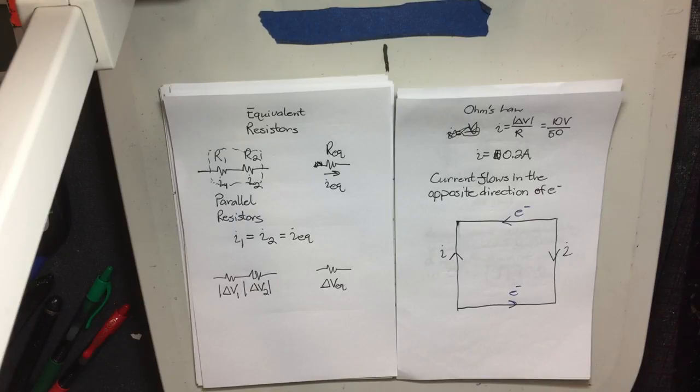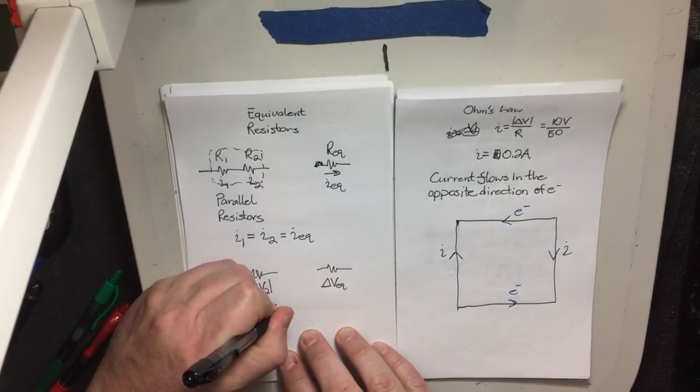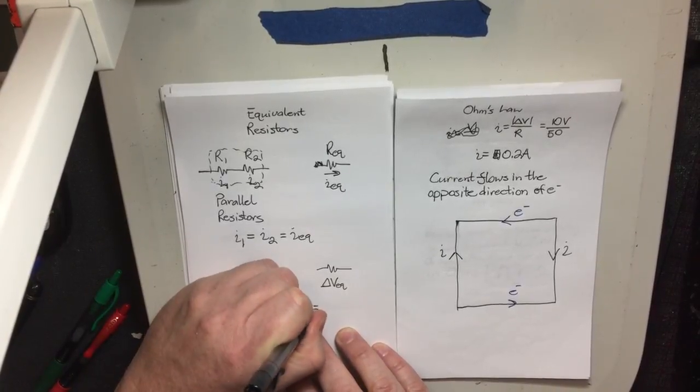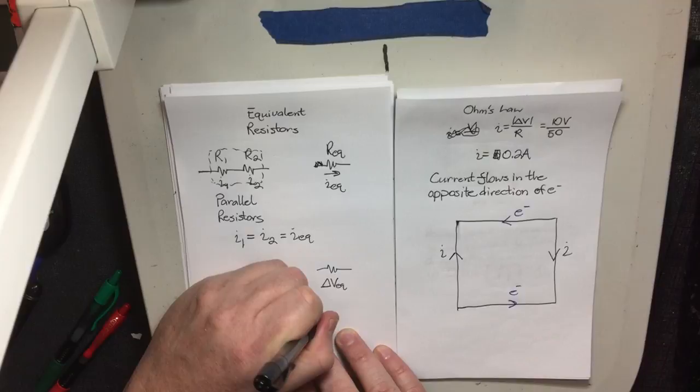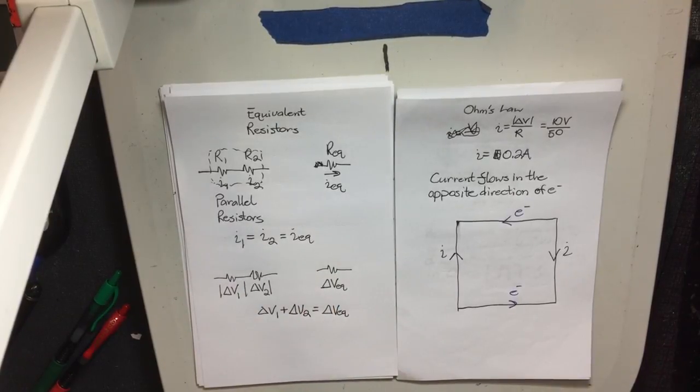So when you add delta V1 and delta V2, you will get delta V equivalent. Those potential differences must add up.